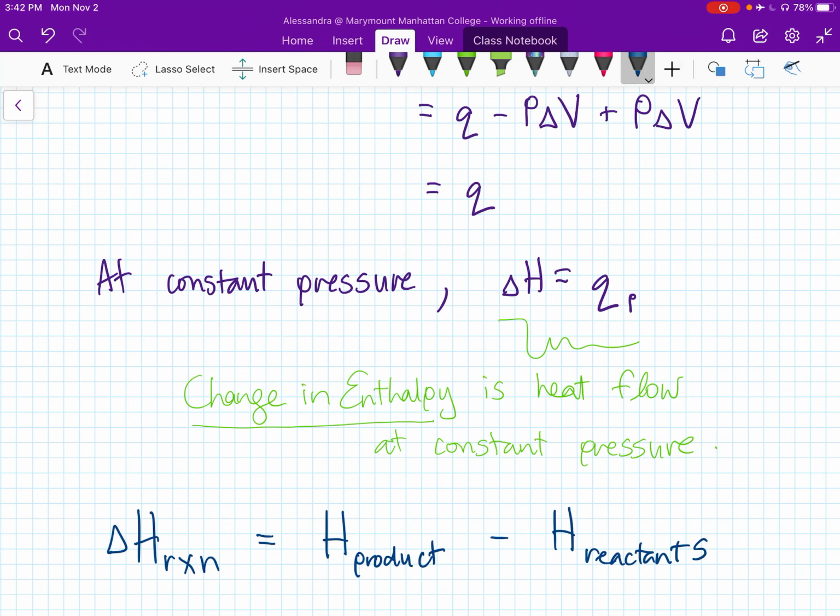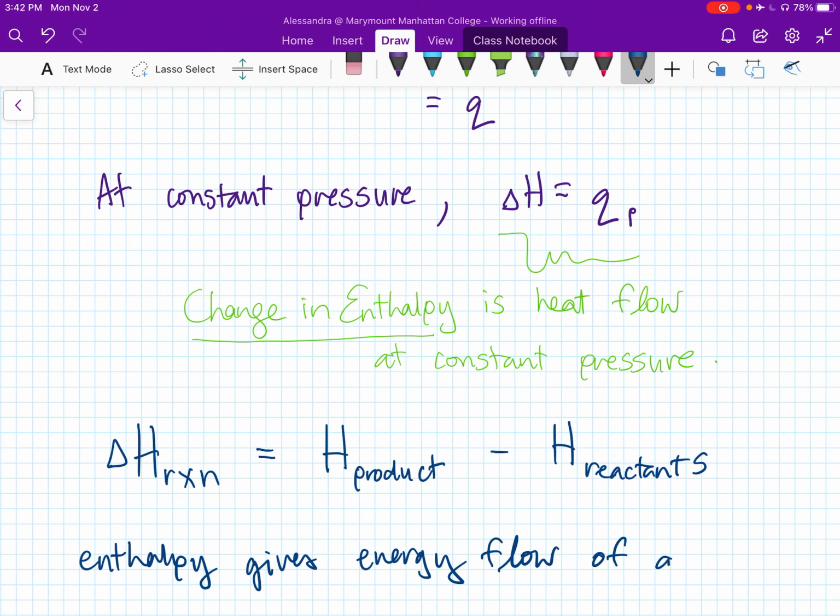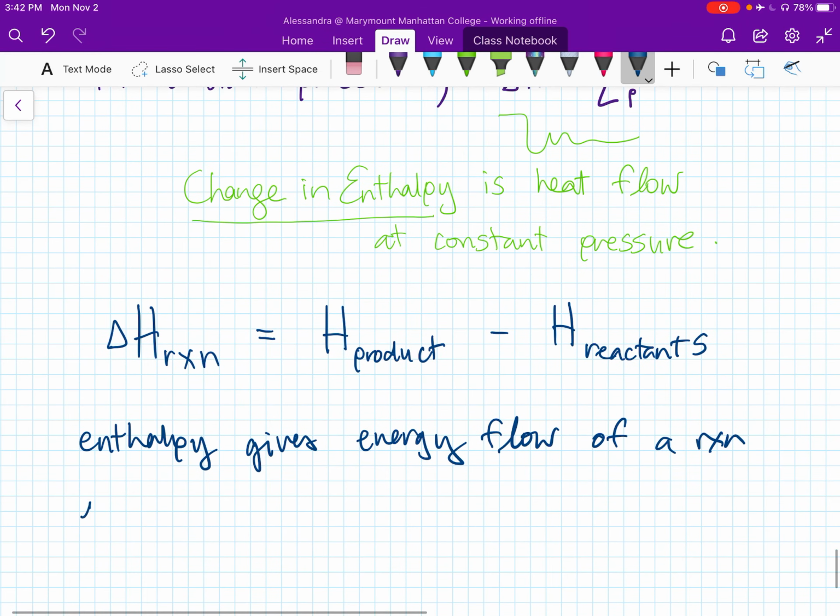So enthalpy gives us the energy flow of a chemical reaction in the form of heat. So we can see whether heat is flowing into or out of a reaction. And that is something that is pretty easy to measure using a technique called calorimetry.